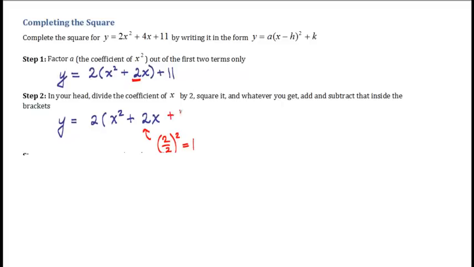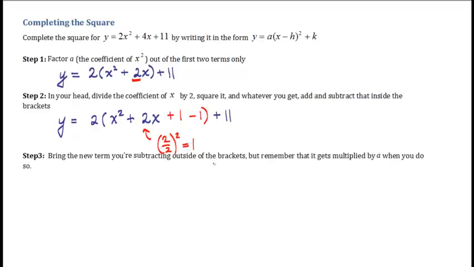So here what I'm doing is I'm adding and subtracting 1. And this is what's going to allow me to result in a perfect square upon factoring this quadratic expression, plus 11.